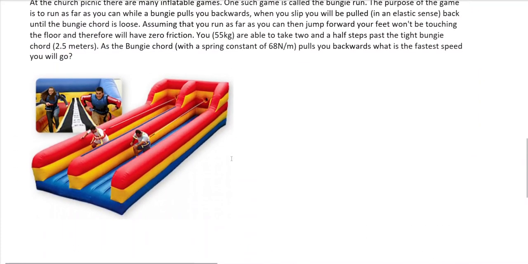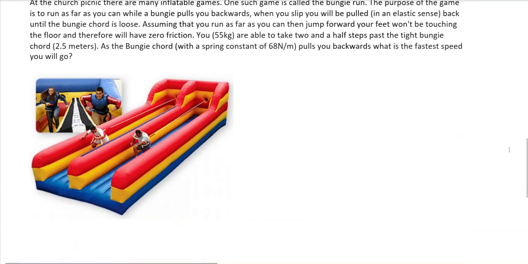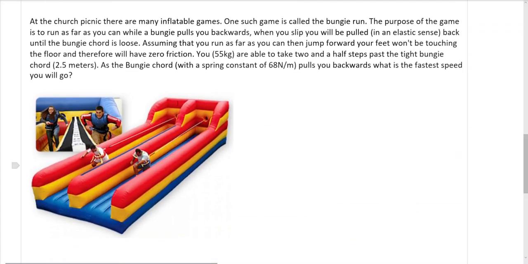Now I'll tell you right now that I played this game at a youth conference back when I was in high school, and it's a very fun game until you break your toe, because you're running and then you step on your toe as you're going, and it's this sponginess.